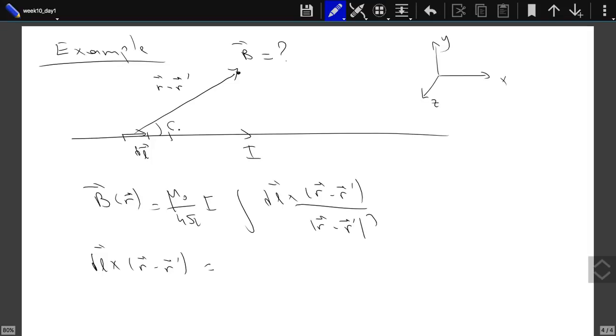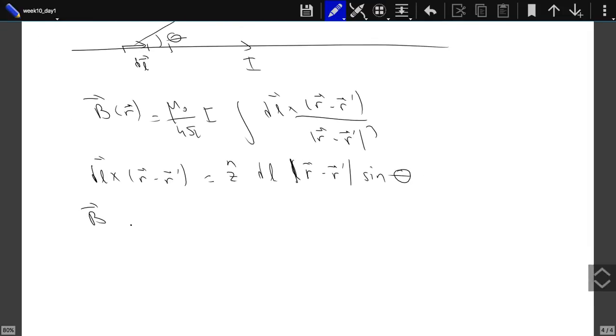Let's say this angle over here is theta. So it's in the plus z direction. What is the magnitude? The magnitude of r minus r prime times sine theta, the angle between the two.